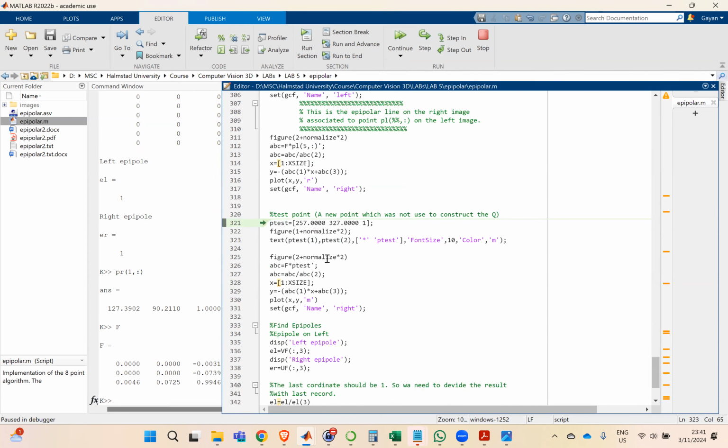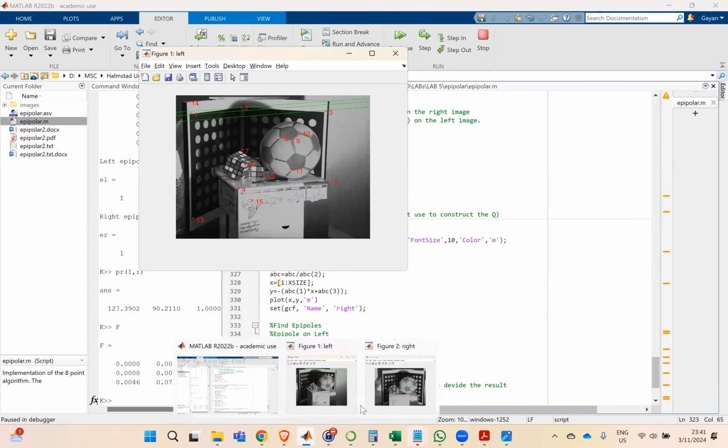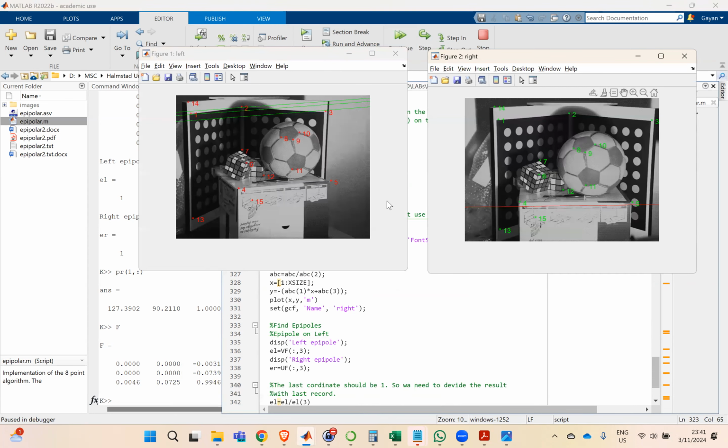Then the next one is a point to construct. This is for the testing point. Now all of these points we know.